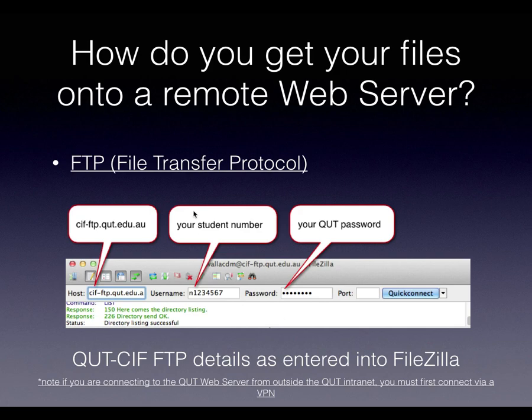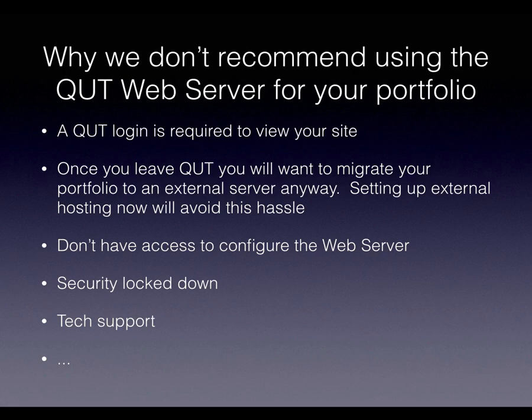Okay, so the host is either the IP address or the domain, which points to where the web server lives, and then a username and password representing an account. Okay, and as I and hopefully Cassie mentioned in the tutorials, we don't actually recommend that you use the QUT web server for your portfolio.